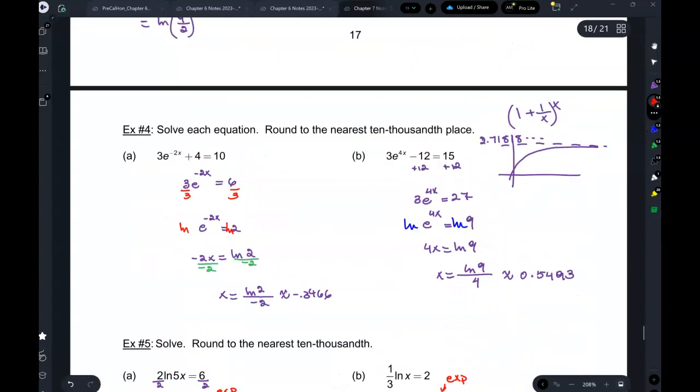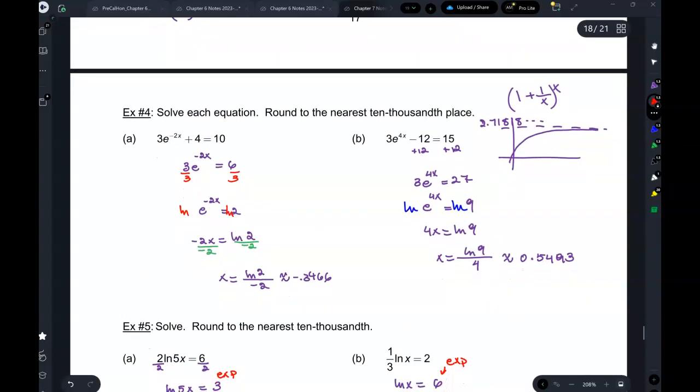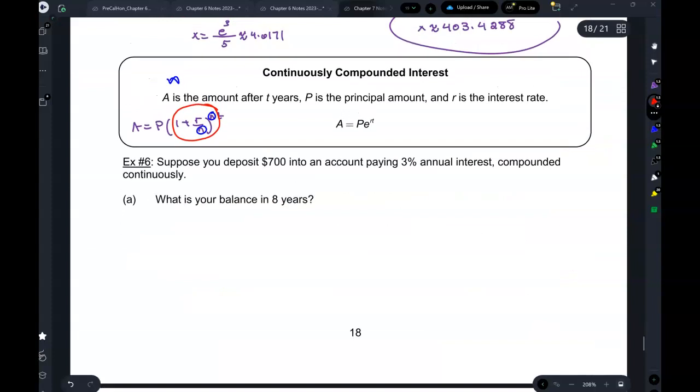That kind of looks like what I was telling you about, right? (1 plus 1 over x) to the x, (1 plus 1 over n) to the n. So that becomes an e. And so the new formula becomes A equals P e to the rt. Students lovingly call this the A-P-E-R-T formula. But this is one where you just have to memorize.